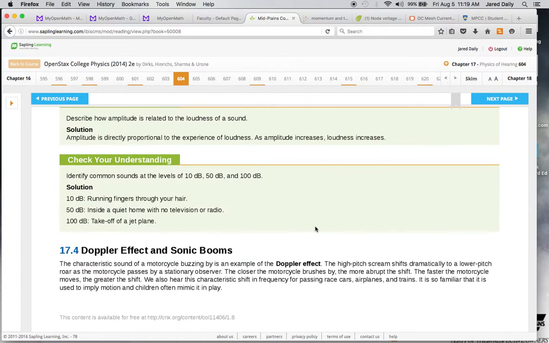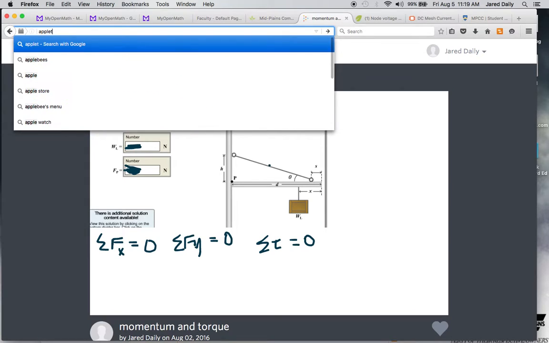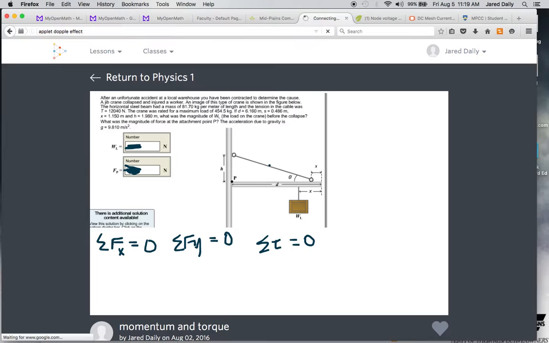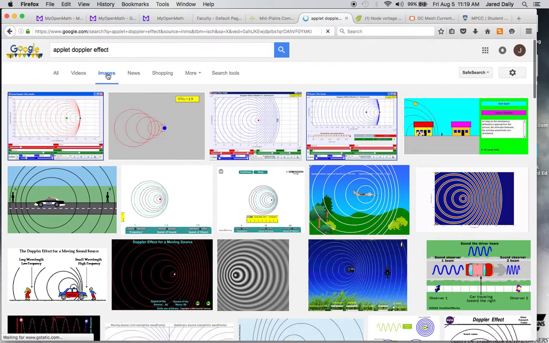Okay, so now we have what we call the Doppler effect. Let's see if I can bring up some interesting things for the Doppler effect. I want to find one that actually plays the sound. I'm trying to remember which one plays the sound in the Doppler effect.